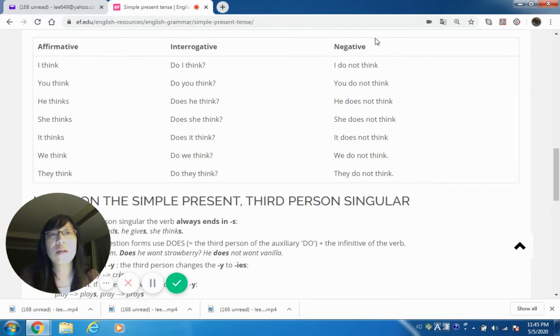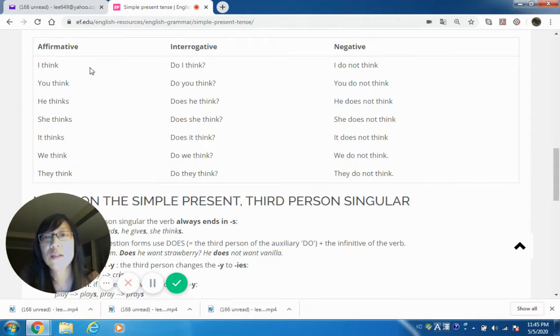Now, negative. Negative means we're going to add the word not to a sentence. That's the only difference between a negative sentence and an affirmative sentence. All you have to do is add not. You cannot say, I not think.